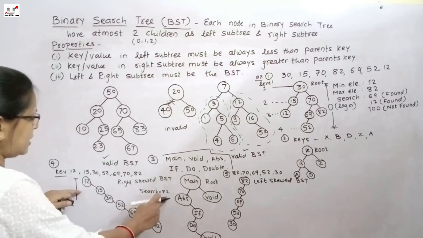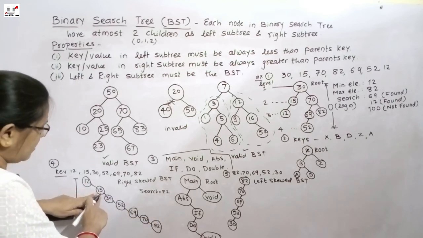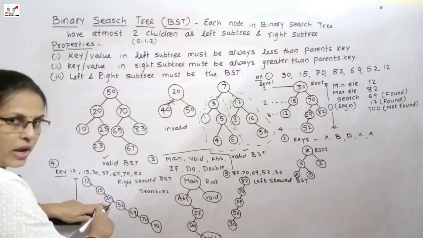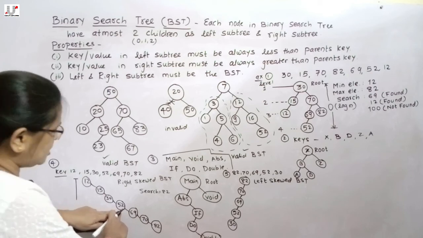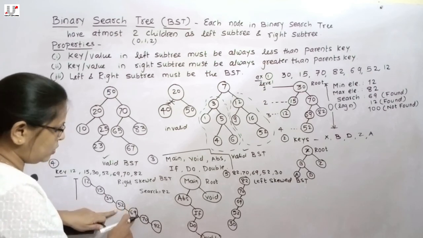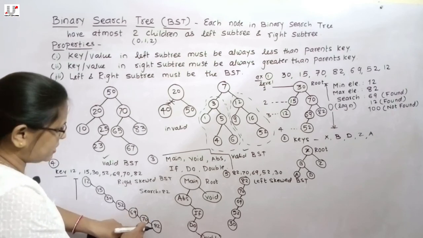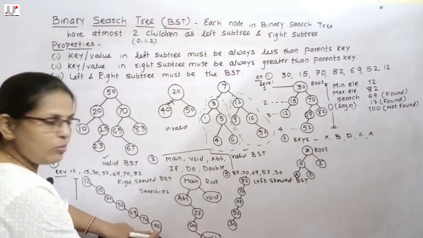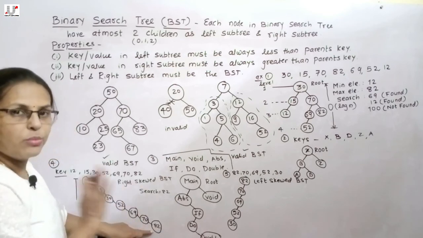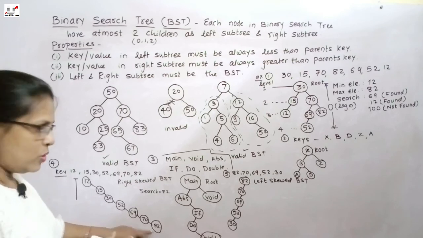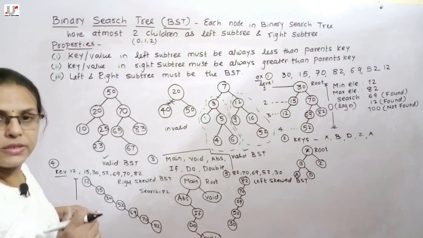It will compare 82 with 12 first, greater, so move to right, compared with 15, greater, so move to right, compared with 30, move to right, greater than 52, again move to right, greater than 69, again move to the right subtree, greater than 70, again move to the right subtree, and as 82 gets exactly matched, the element is present. So here it is exactly similar to linear search.